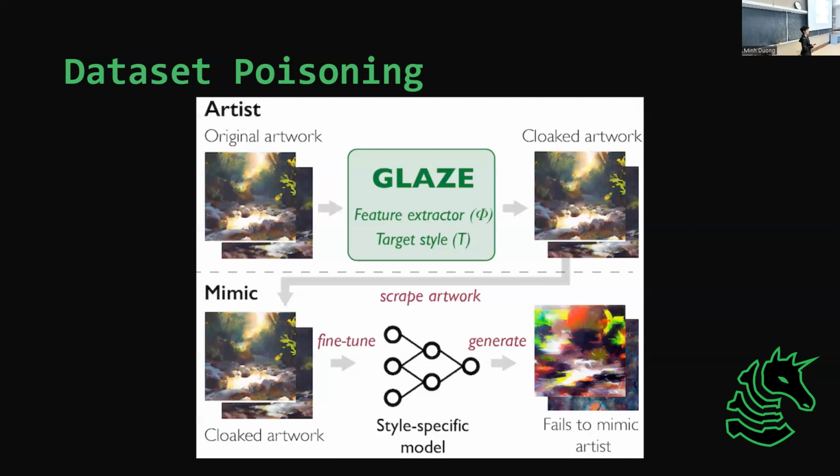So say all your artist images for a certain artist are cloaked. Even if you put that through adversarial training, it's only adding more noise to something that's already bad. So either way it should fail to mimic the artist.